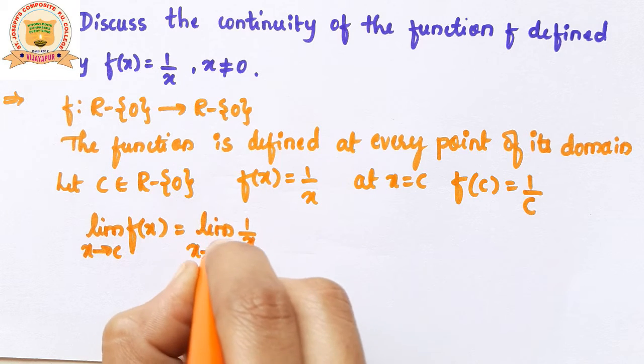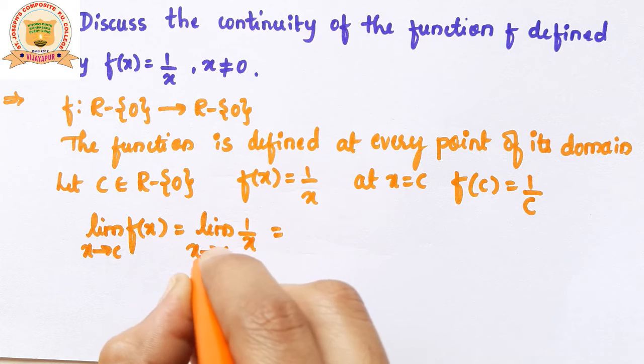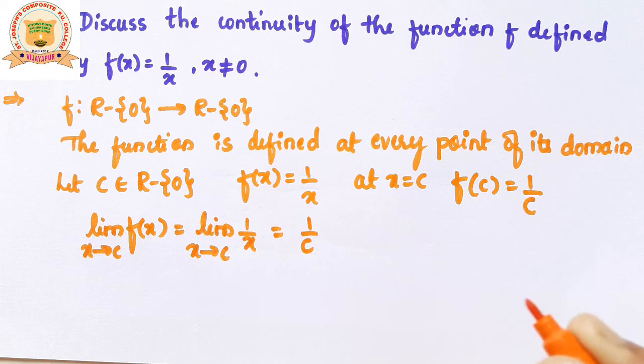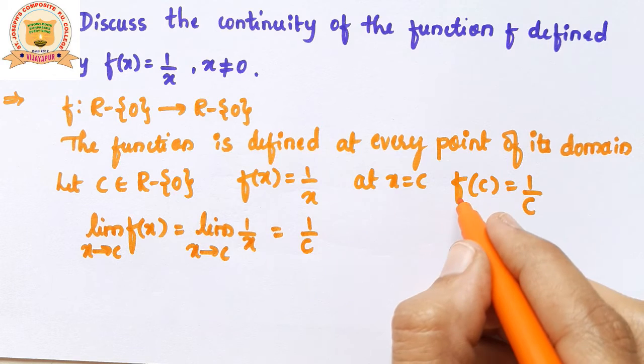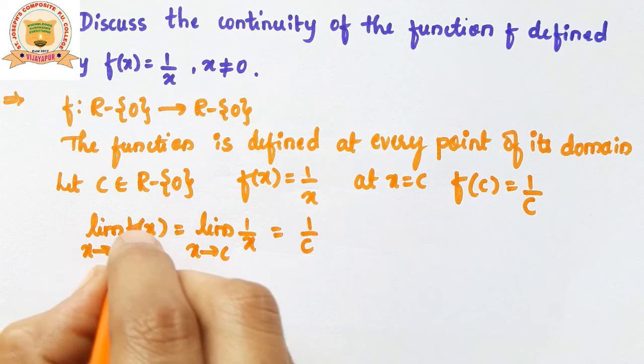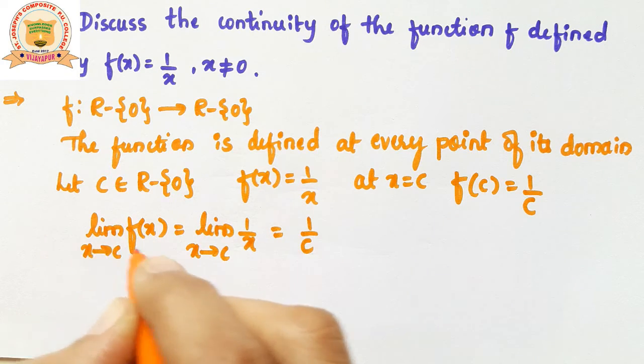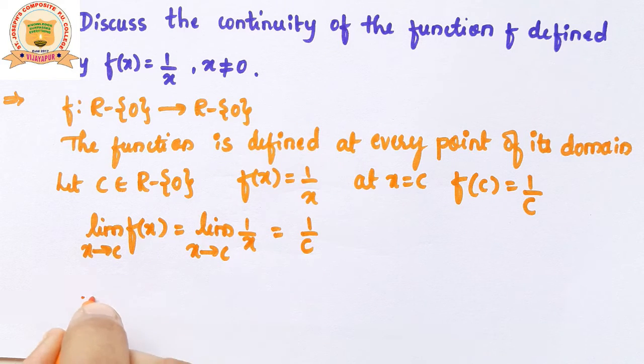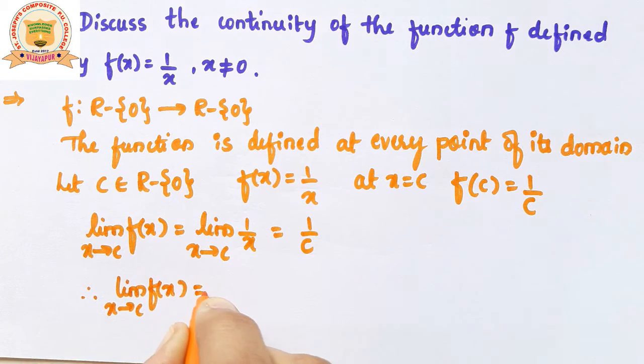As x converges to c, then 1 by x converges to 1 by c. If you observe these quantities, f of c and limit of f of x as x tends to c, both have the same value, that is 1 by c. Therefore, we conclude that limit of f of x as x tends to c is equal to f of c.